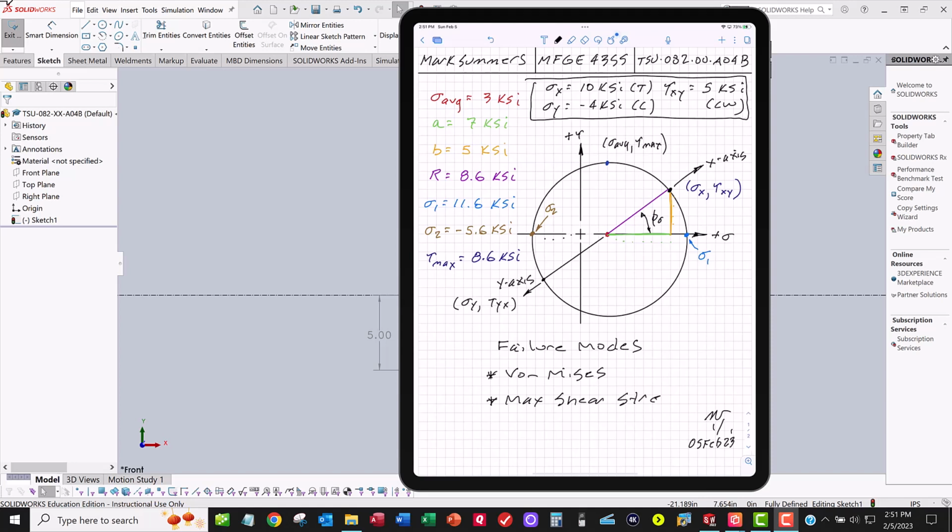These are all failure modes that we can use based on the material type, whether it's ductile or brittle, type of loading, lots of different criteria. Depending on the criteria we're using, we'll use different parts of this stress element orientation to determine if we're going to have failure or not in our part. So that should help you get started on your homework 04B that we assigned in class today.